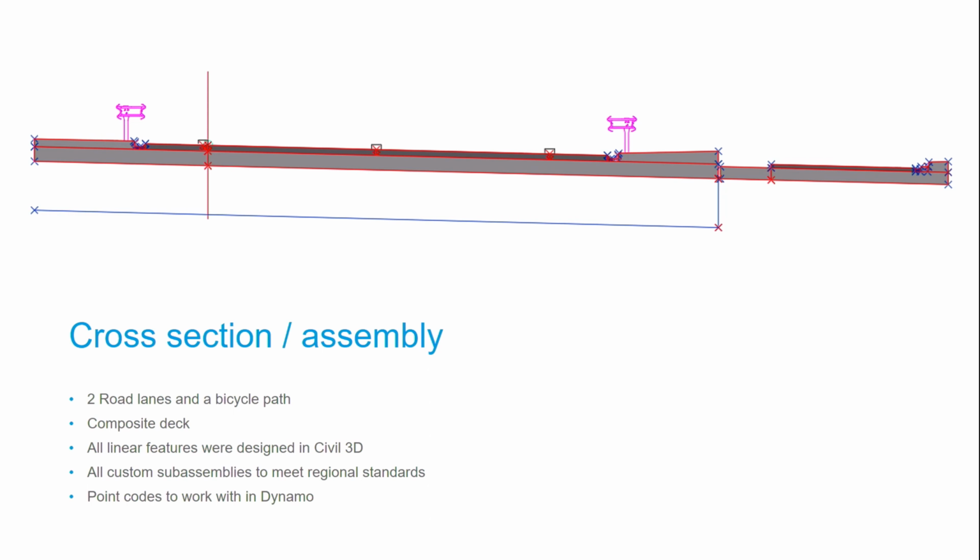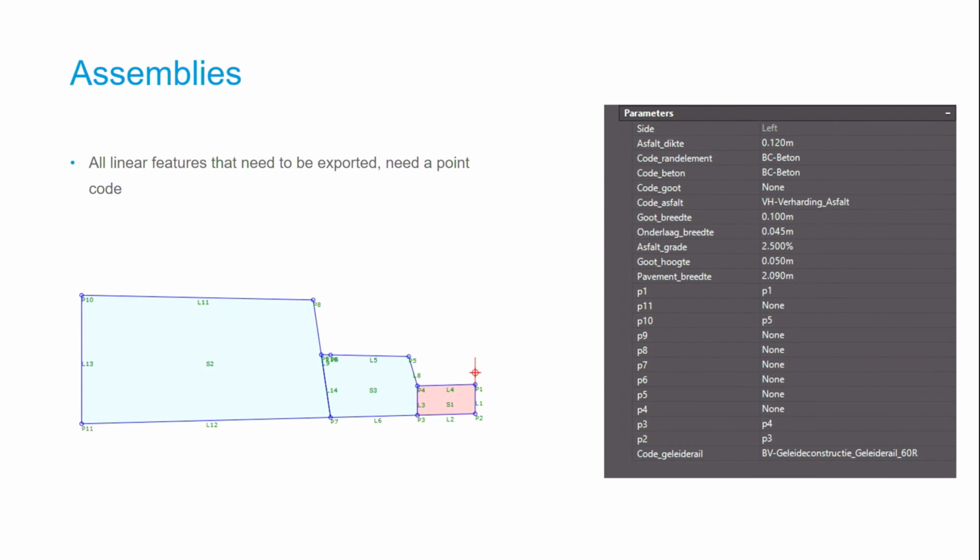And all the blue crosses, also a little bit hard to see, those blue crosses are the key to this workflow: they are coded. So we can retrieve those codes, the locations in this assembly, later using Dynamo. Coding of an assembly looks a bit like this.